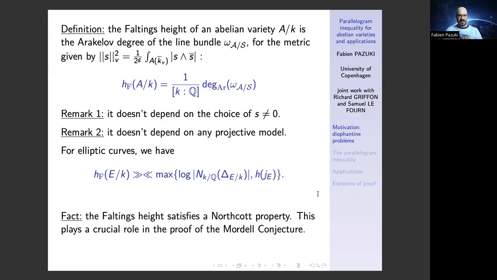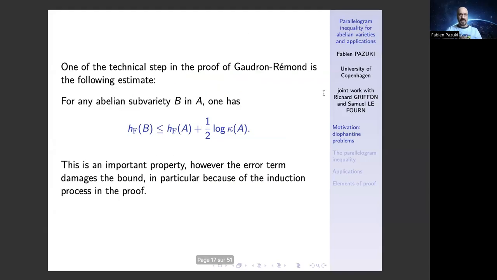So that was the end of the reminder. The definition you have here, and this guy will play an important role in the talk. It was present in the bound of Gaudron-Rémond. And if you go and take a look at how Gaudron-Rémond obtained their estimate, well, first of all, I have to be fair.